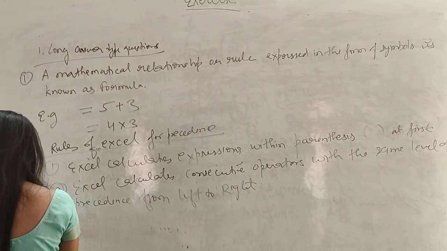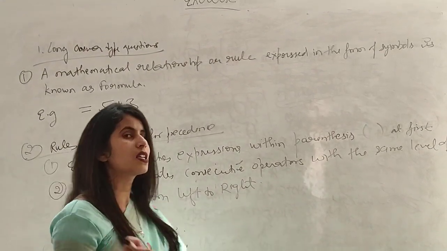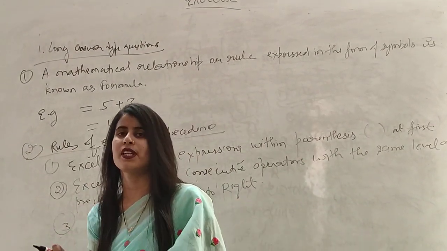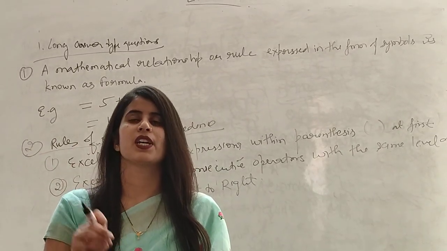Okay. The third rule is Excel calculates multiplication and division before addition and subtraction.